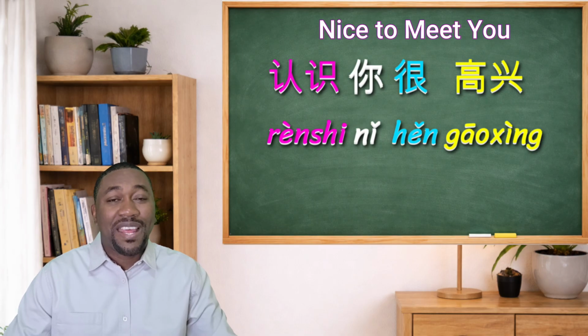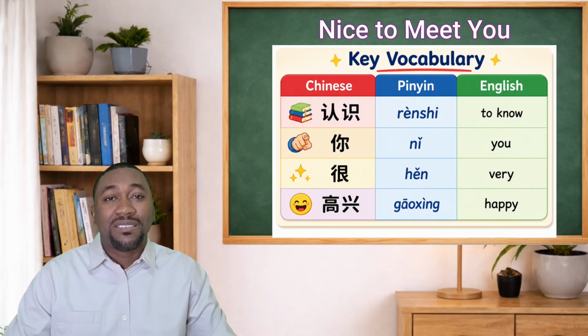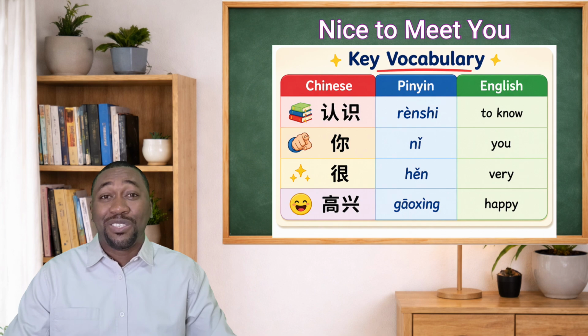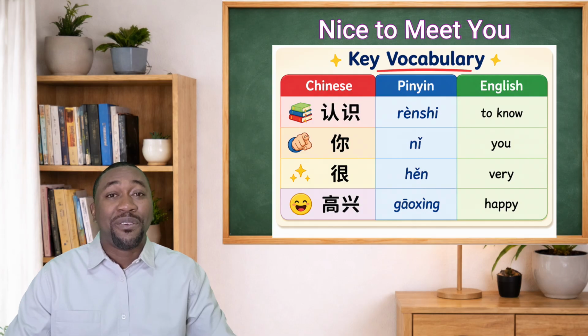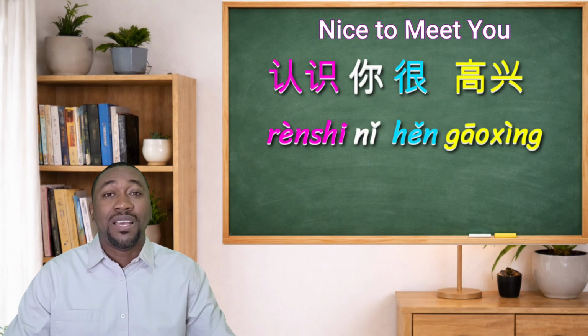And again, let's break it down. 认识 means to know, not to meet. To know. Then we have 你, you, 很 very, 高兴 happy. So it's like you're saying happy to know you. 认识你很高兴. Repeat after me. 认识你很高兴.